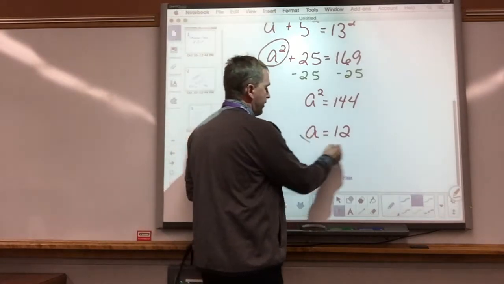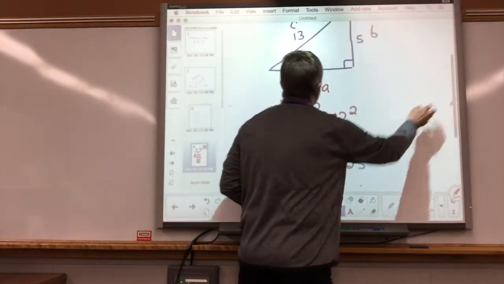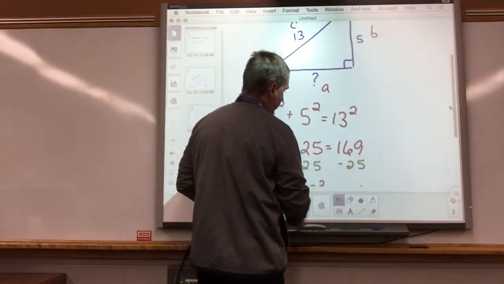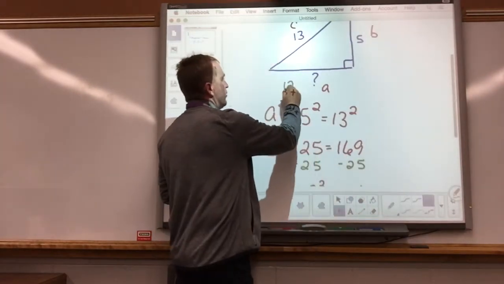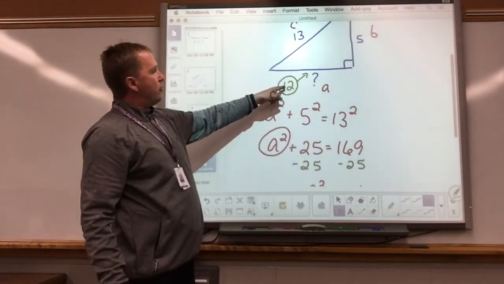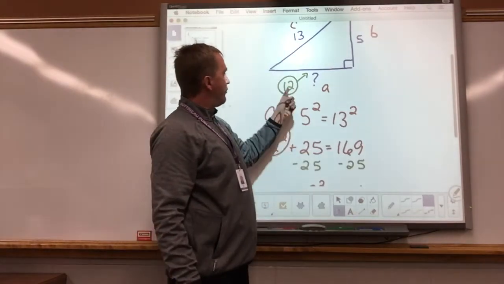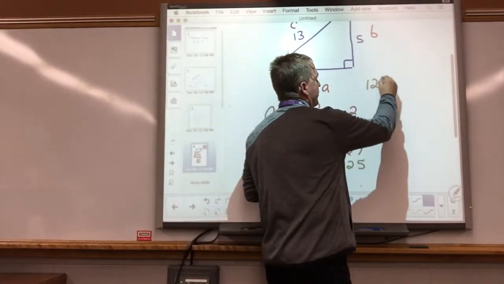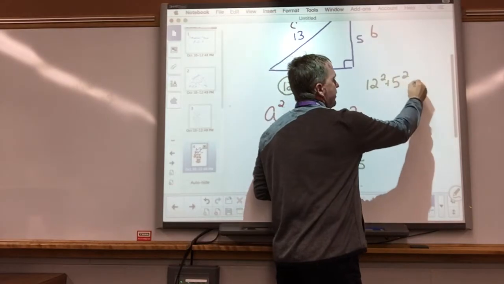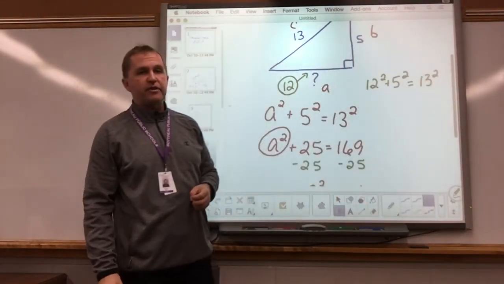So I've now figured out that A is 12, which tells me right back up here that this side is 12. One leg is 12, the other leg is 5, and the final side is 13, because 12 squared plus 5 squared equals 13 squared, which is what the Pythagorean theorem says.